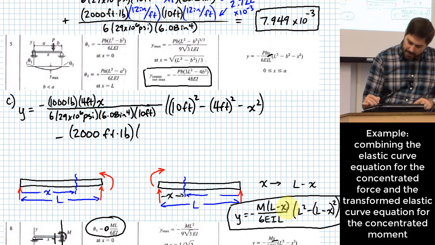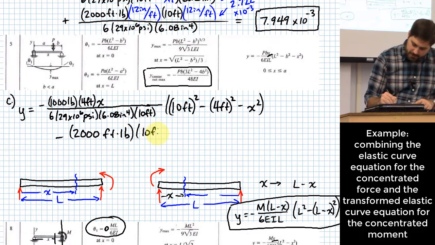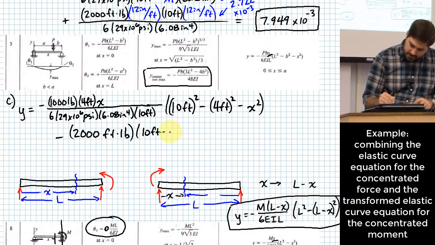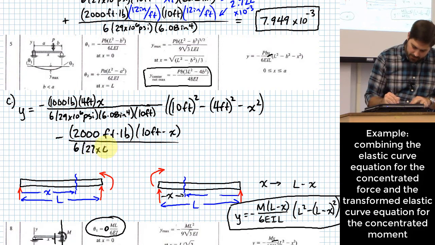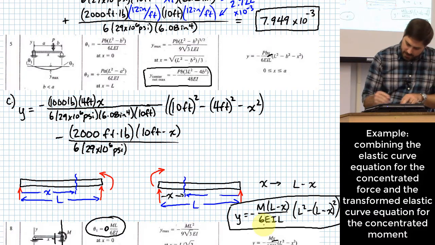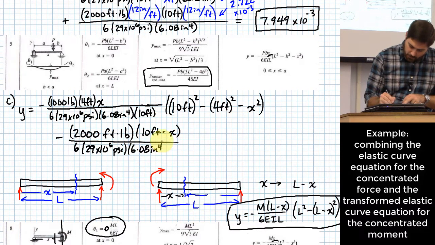Here we've got L minus x, so 10 feet minus x, all over 6 E, times 29 times 10 to the 6th psi. I is 6.08 inches to the 4th. L is 10 feet.